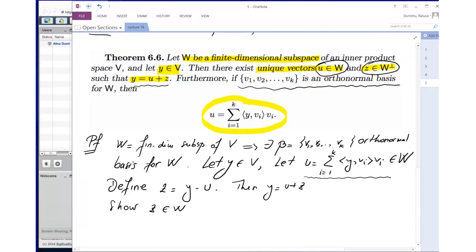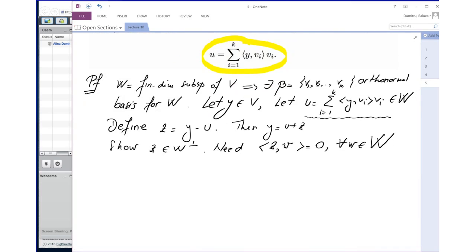Z needed to be in W perp, so the orthogonal complement of W. All right, so what we need is that the inner product between Z and any vector W should be 0, right, in order for Z to be in W perp.